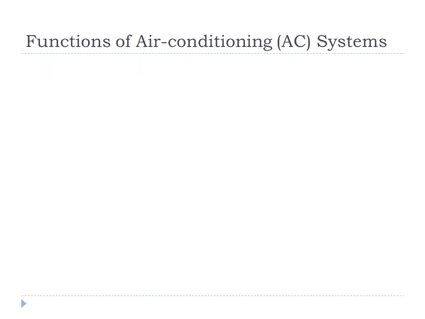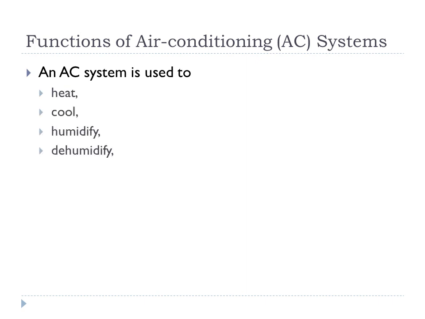Friends, now let us learn different functions of an air conditioning system. An air conditioning system is used to heat or cool, humidify or dehumidify, clean and deodorize the air which is circulating all around us.